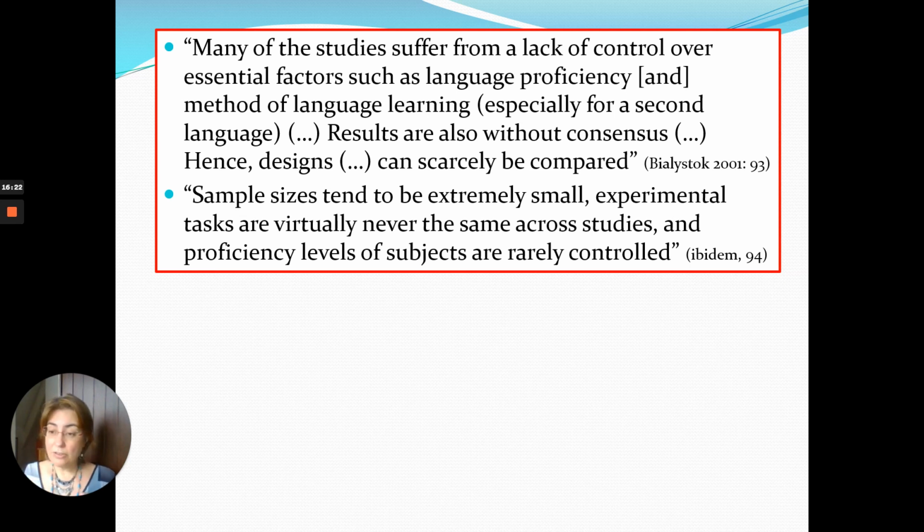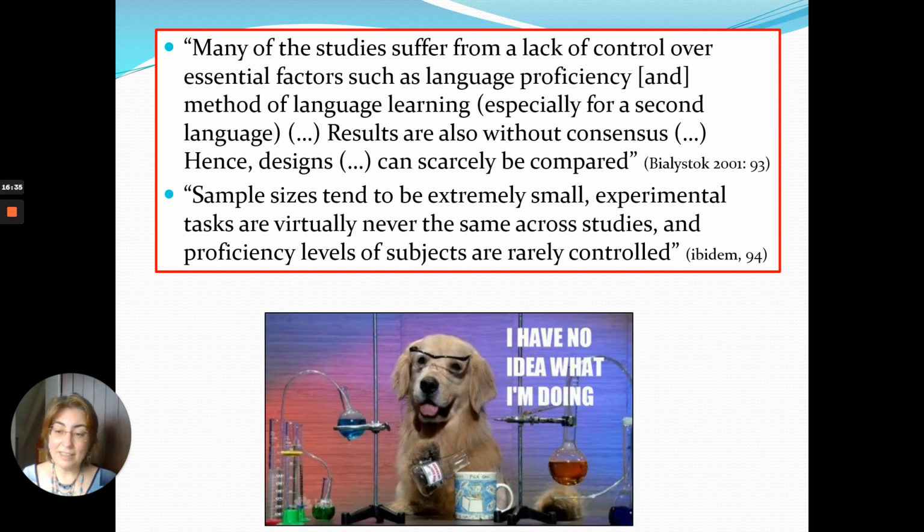So because there is not a unified criterion for all these variables that we have seen in the previous weeks, the results are not that conclusive, right? I don't want to say with this picture that neuroscientists don't have any idea what they are doing.